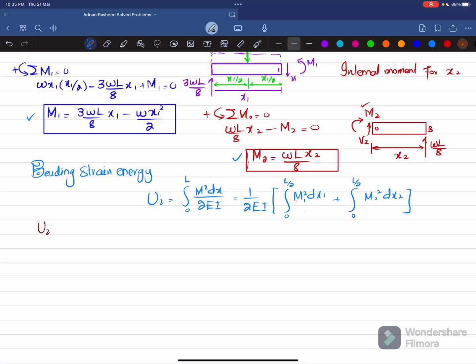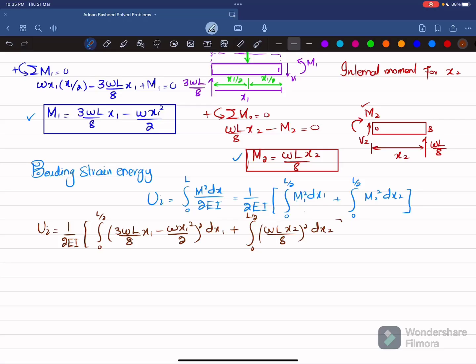So you can just put it, Ui is equal to 1 over 2EI into integral of 0 to L by 2, and M1 is 3WL over 8 x1 minus Wx1 square over 2, whole square, into dx1, plus integral of 0 to L by 2, and M2 is WL x2 over 8, whole square, into dx2.